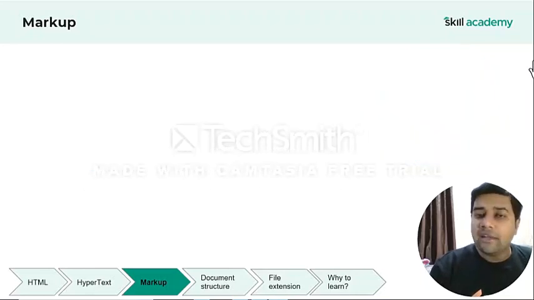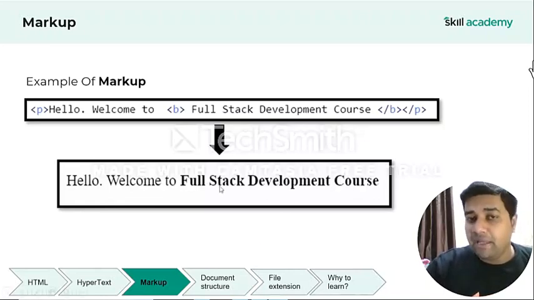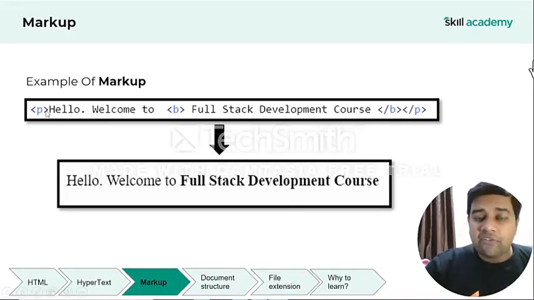Let me show you an example of markup. Let's say I want to print this text on my web page. Let's say we are about to design a web page and this text we need to display in our web page. So here we can use the HTML paragraph tag, and in order to highlight this full stack development course, here we are using this B. So guys, what is B here?